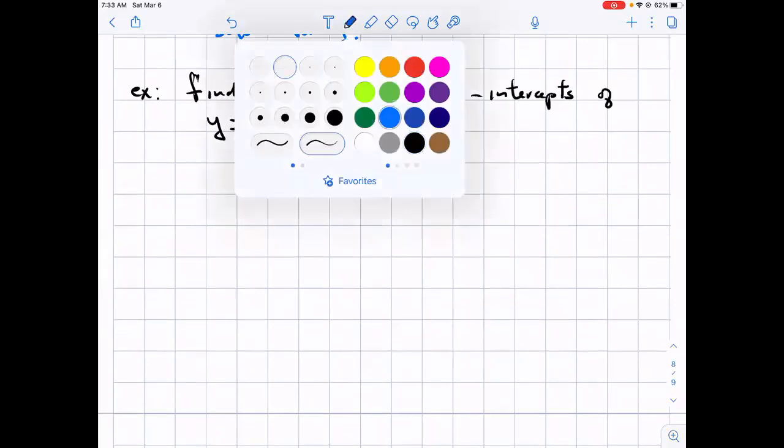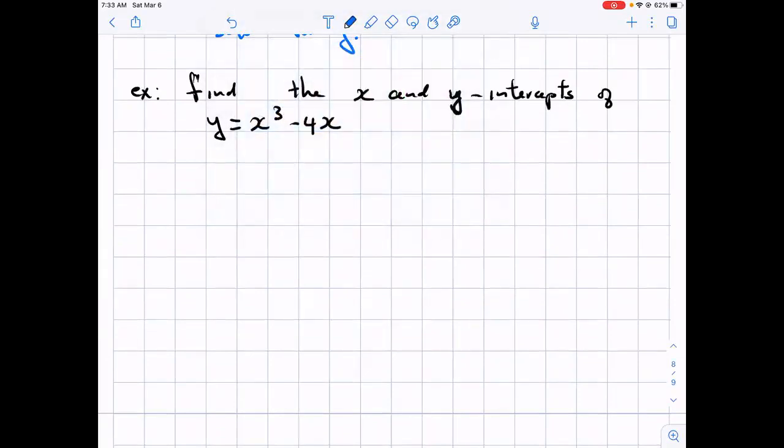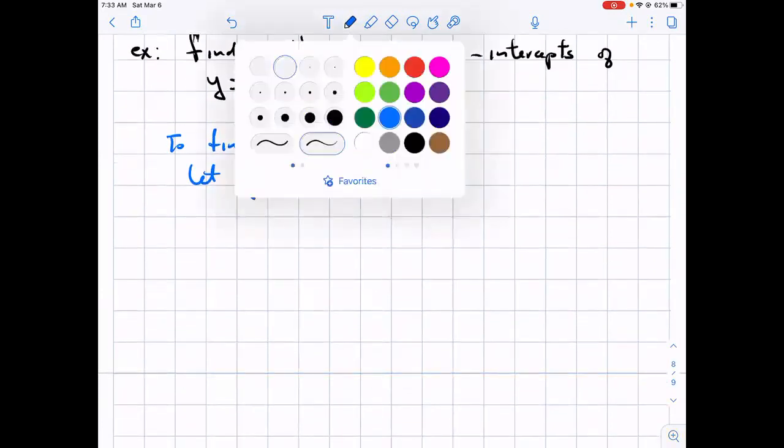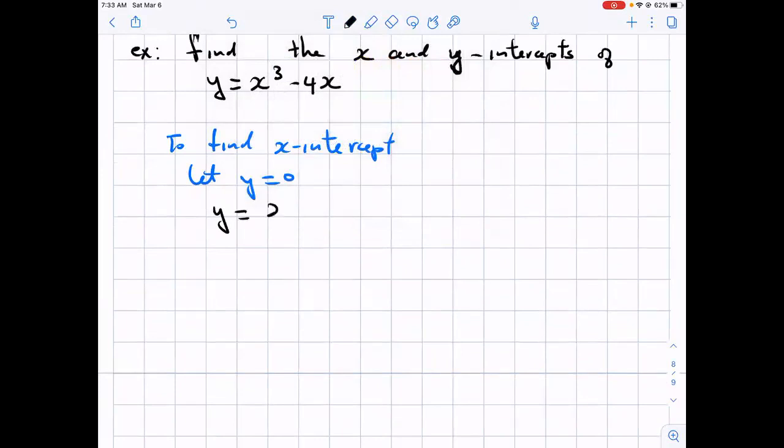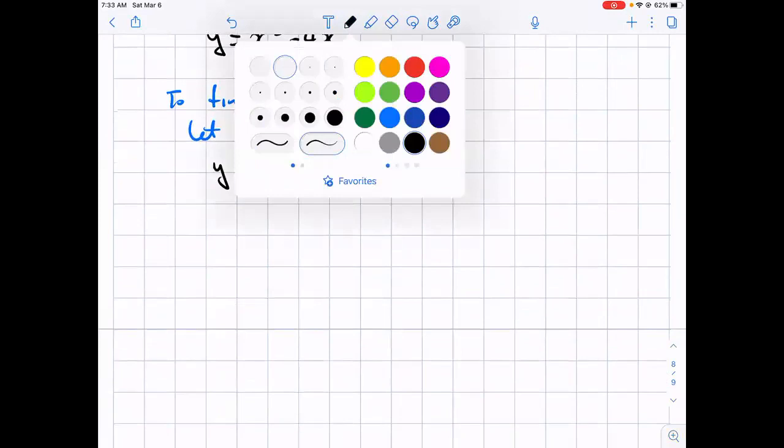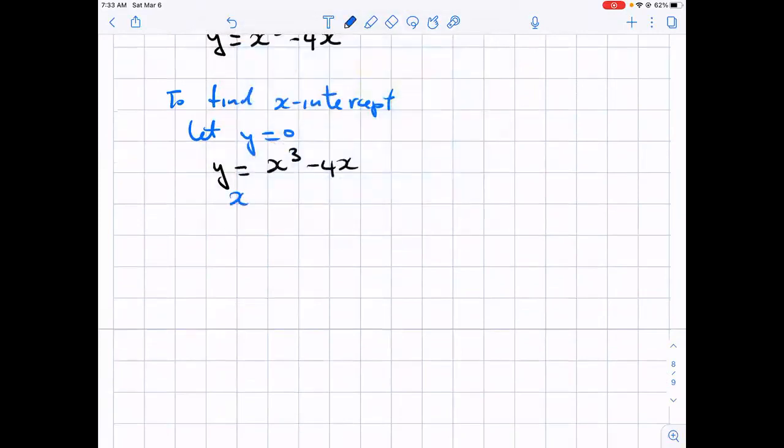So let's first find the x-intercept. To find the x-intercept, let y equal 0. The given equation is y is equal to x cubed minus 4x. So we have x cubed minus 4x equals 0. We'll replace y with 0.